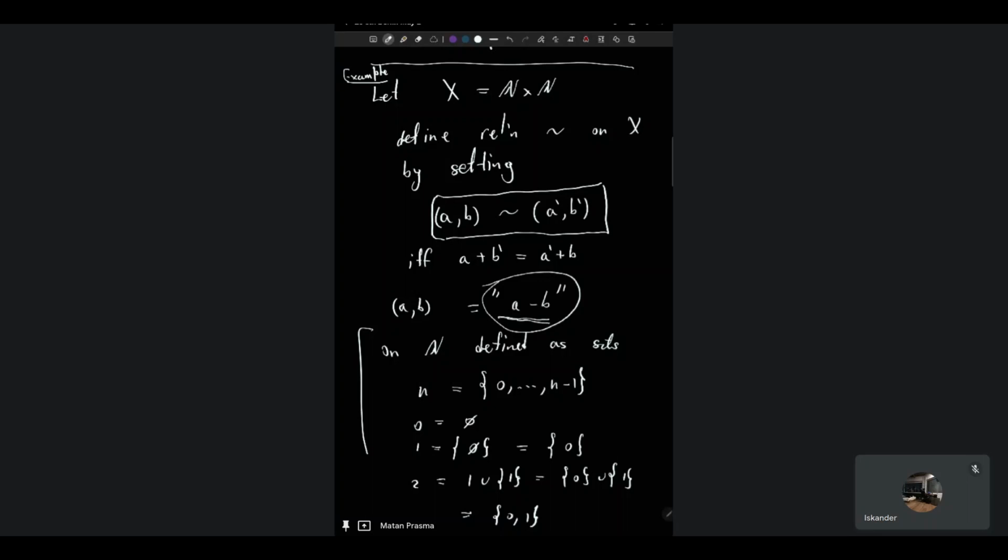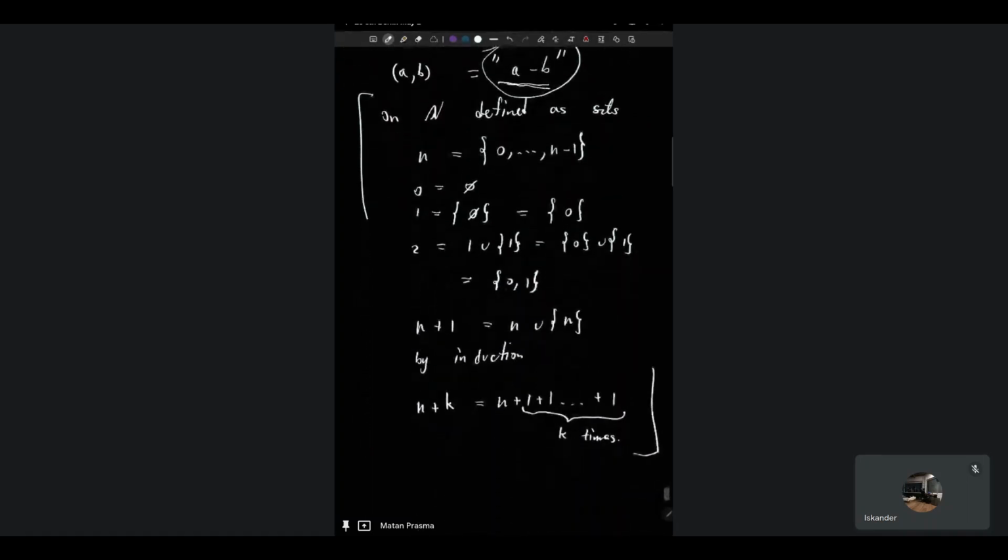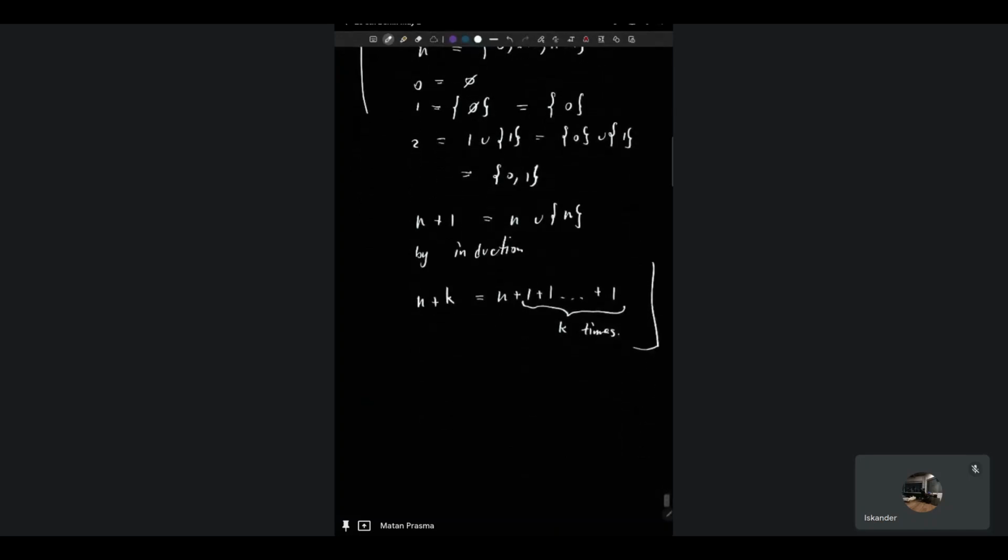So let me just show you that this is an equivalence relation. Tilde is an equivalence relation. Clearly, we have reflexivity.